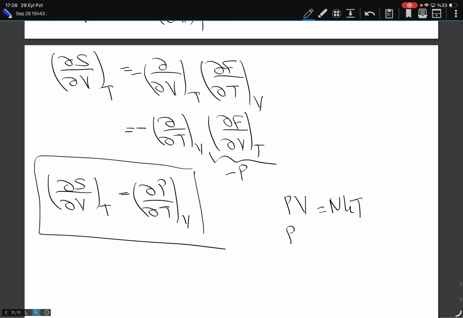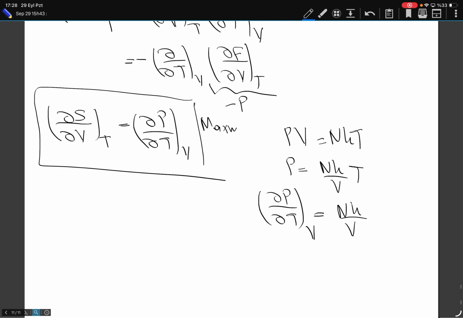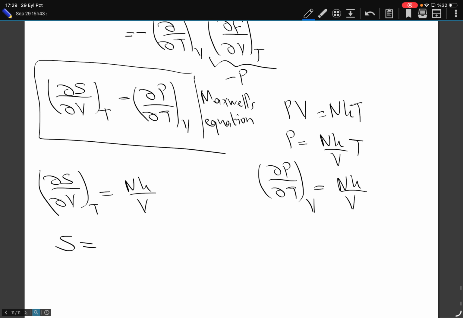This tells me that the pressure is equal to Nk over V times T. Well, dP by dT at constant volume is actually Nk over V. So this second Maxwell equation, another Maxwell equation, tells me that the derivative of entropy with respect to volume at constant temperature is equal to Nk over V. Well, I can integrate both sides over V. It tells me that the entropy of the ideal gas is N times k times the logarithm of V over, let's say, some reference volume, plus some constant.